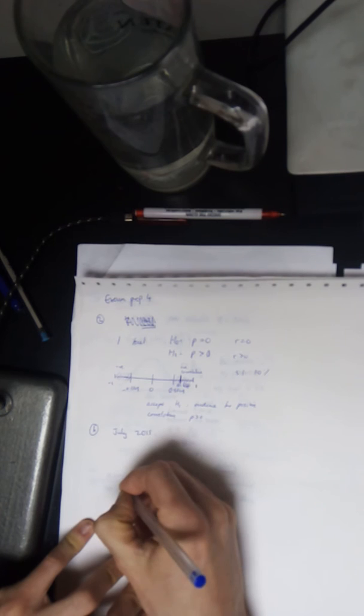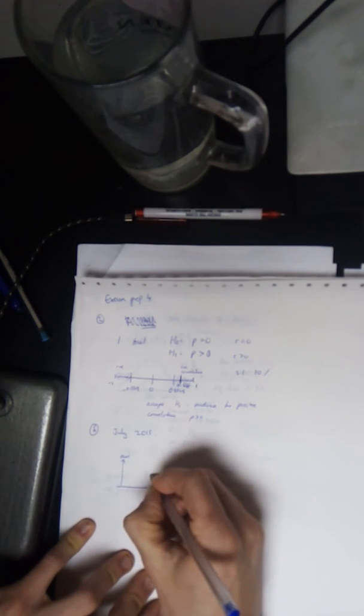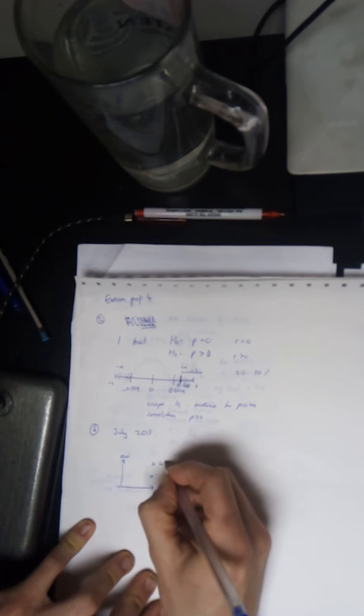S is rain and L is temperature. So G is over here, which is hot and dry, and we've got one up here, which is hot and wet. In July, what have we got? We've got hot and dry.